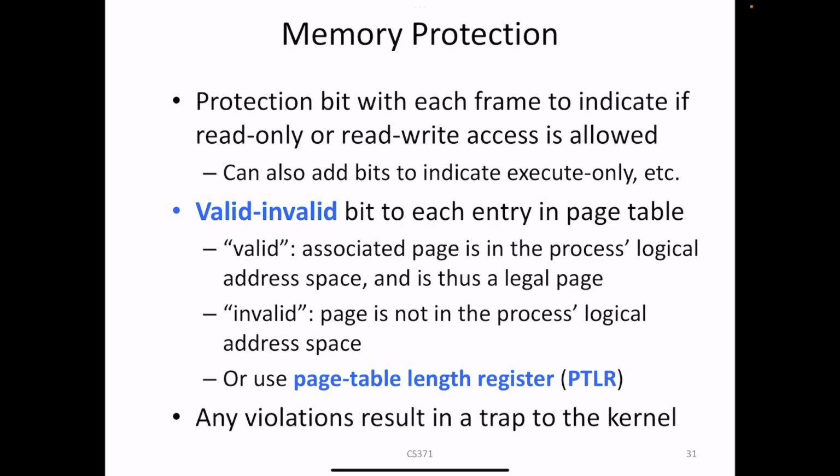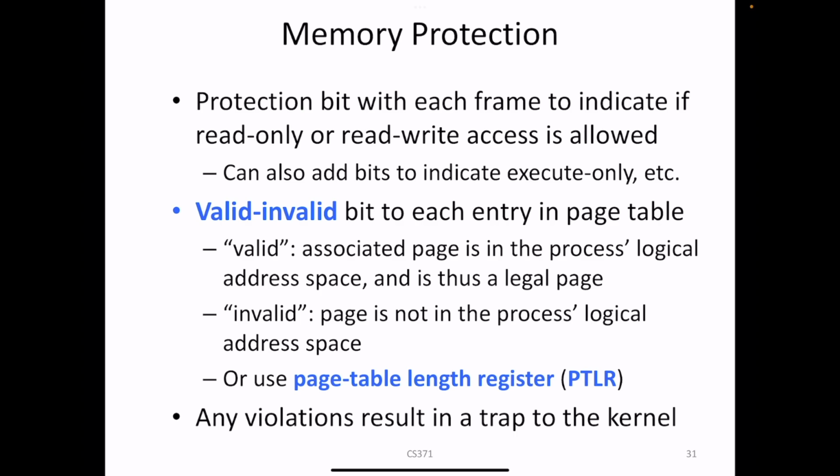And also we have other bits to protect other properties, such as whether the frame can be executed or not, etc. And also we can have a valid-invalid bit for each entry in the page table to indicate whether the current entry can be accessed by this process or not. When the bit indicates valid, it means the associated page is in the process logical address space and it is a legal page. Otherwise, the page is not in the process logical address space. The access request will be rejected.